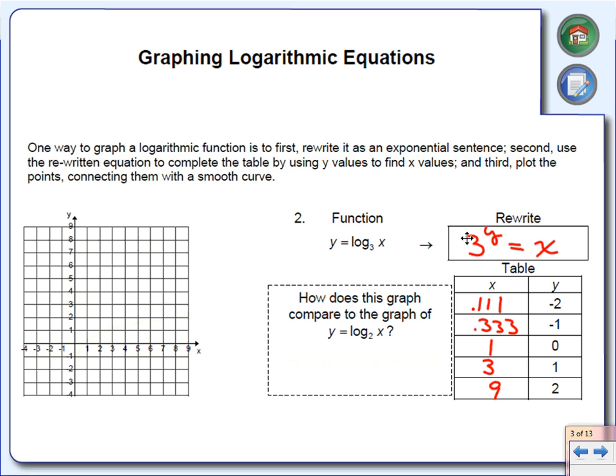All right, so we've just filled out our table. We've just created some points, ordered pairs. What I want you to do is plot these points for me. So go ahead and find these ordered pairs. Plot them for me on your graph paper, and connect the dots.